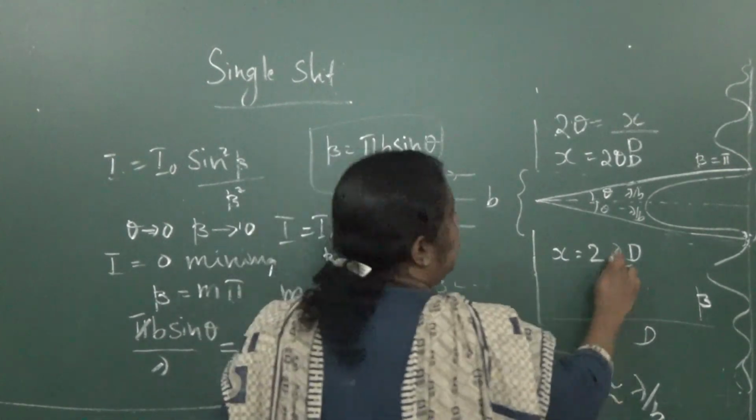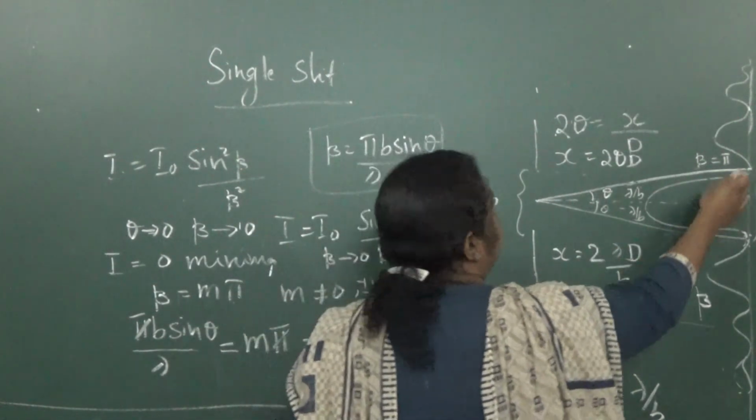So lambda d by b is twice, that is the width of the central maxima.